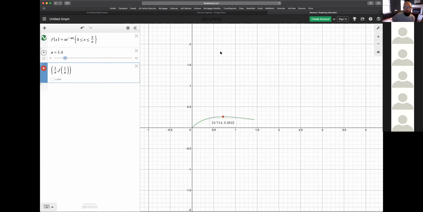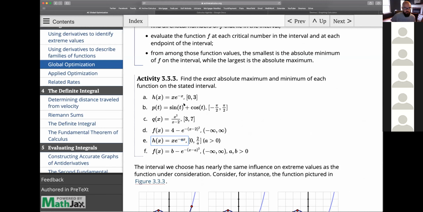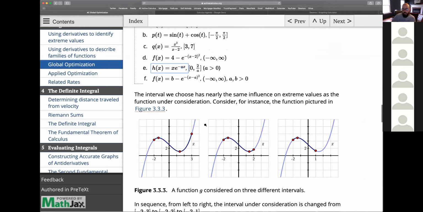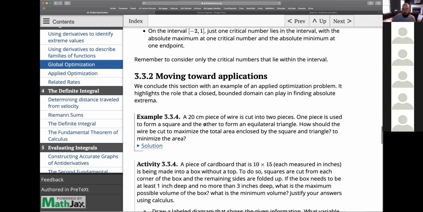Okay. All right, so we're 2 minutes over. Just a brief wrap up here. We're going to wrap up global optimization on Monday. We'll do maybe a couple of these examples together. And then the rest of the semester, we're going to be focused on this section, applied optimization, where you can think about them as word problems. You're going to be given some sort of scenario, and we're going to have to optimize that.